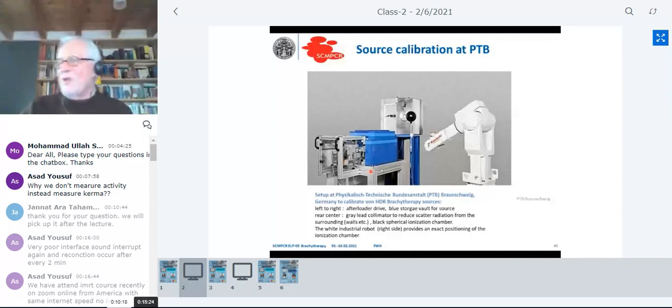This here is the lead vault in which they store the source. Up here, this is a collimator, and this large sphere here is the ionization chamber. And to get a correct positioning, they use an industrial robot so that they can very exactly position the source. So this is quite a big setup, but otherwise it works exactly the way I just showed you.